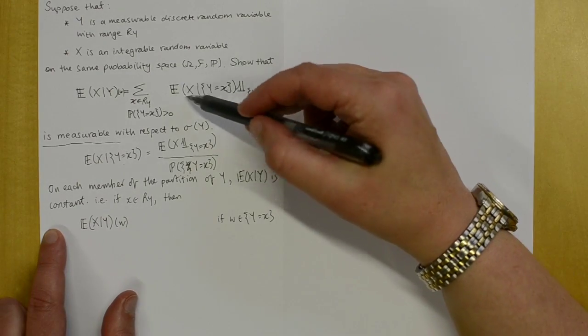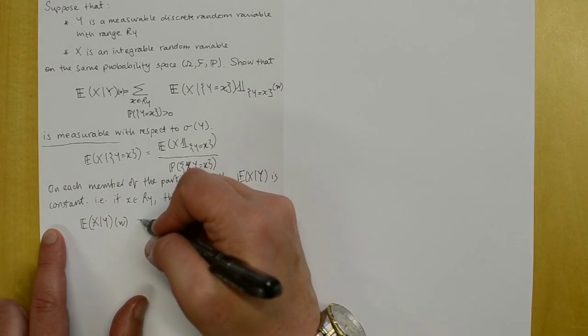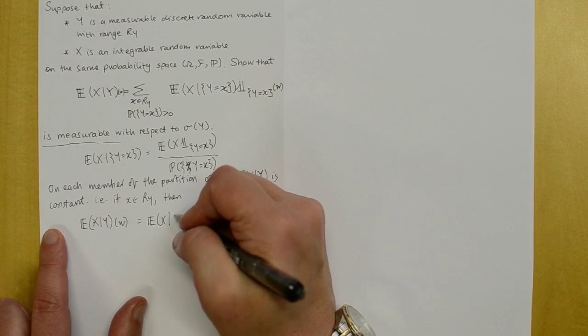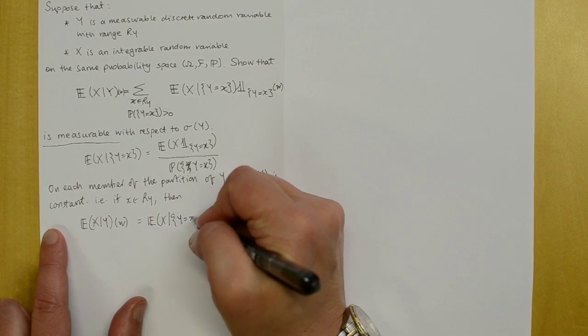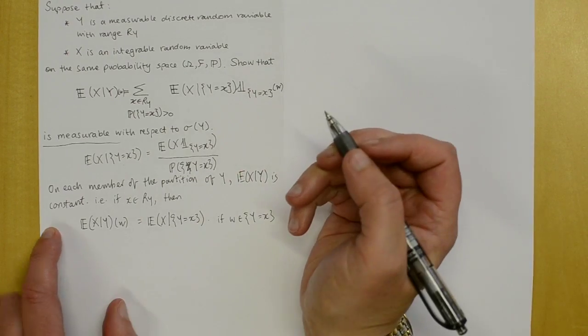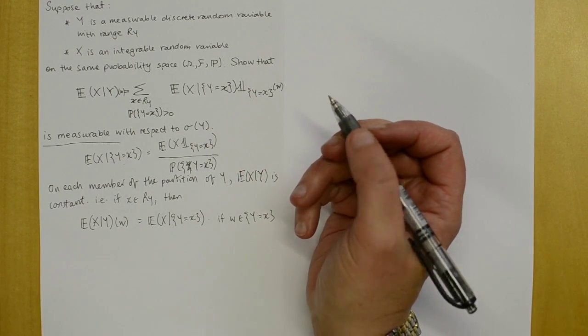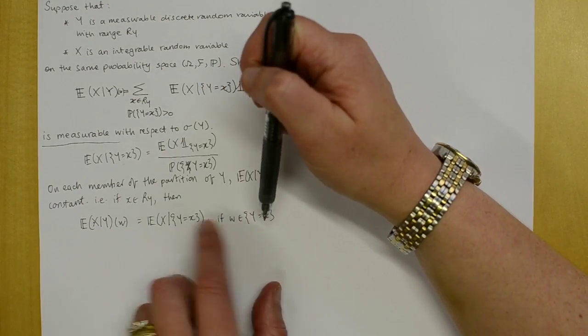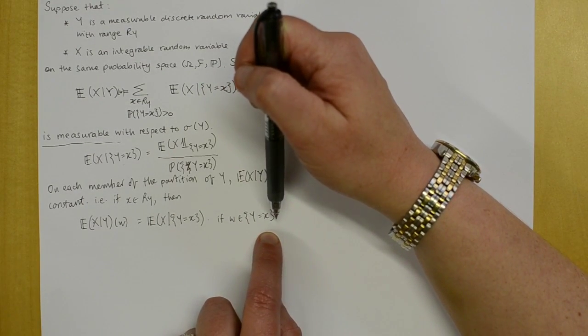It will be 1, and the value that it will pick up there is the expected value of X conditional on y equals x. So clearly this is a number, and it's the same for all omega in this element of the partition.